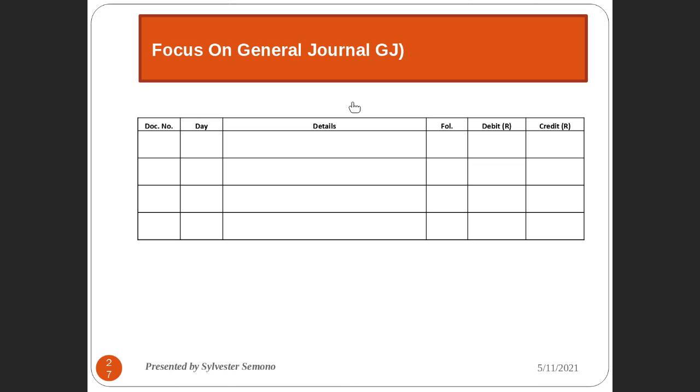The GJ is the last one. It caters for those transactions which cannot be recorded in the other journals, meaning all the journals except the GJ.